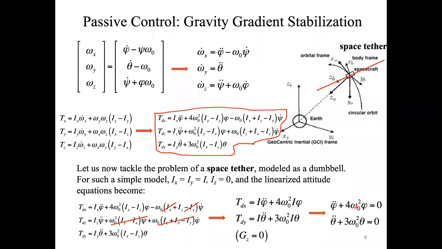You have to be careful here that we are assuming that the disturbance is equal to 0, but also that the angle between the body and the orbital frame is small.